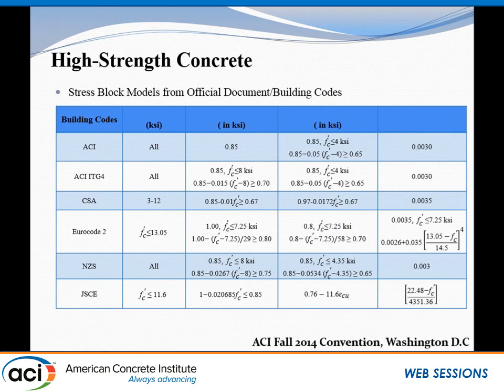To illustrate the curvature issue, we have collected 12 stress block models. The first 6 listed here are recommended either from official documents such as ACI ITG-4 or from building codes such as the ACI building code, Eurocode, and the Japanese code. Some codes have a clear limit for the concrete strength, for example, Eurocode and the Japanese code, but some codes do not, including the ACI building code.